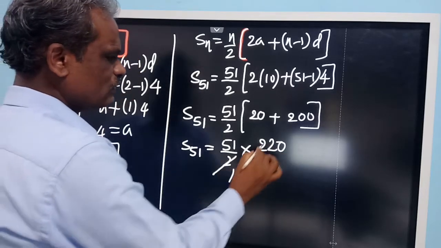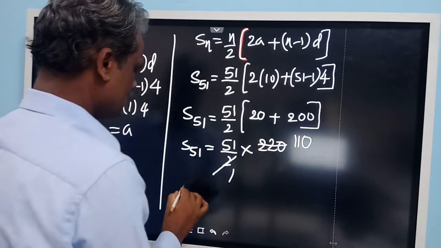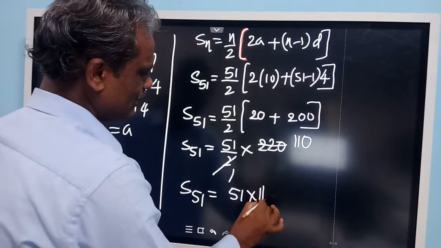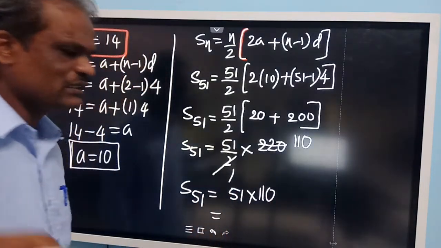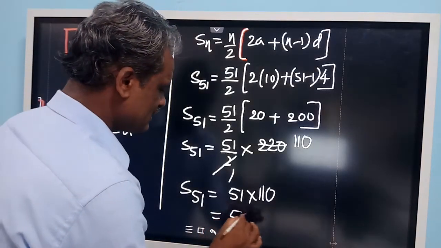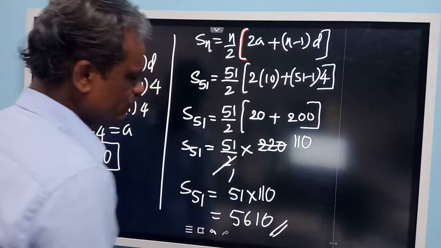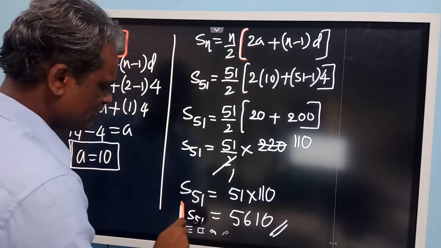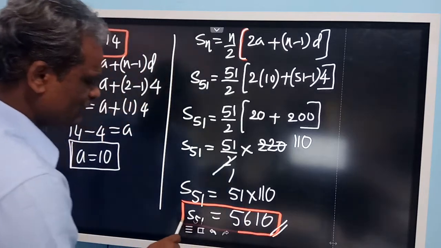Divide 220 by 2, which gives 110. S51 is equal to 51 into 110. If you multiply, you get 5610, the sum of first 51 terms. So this is the solution.